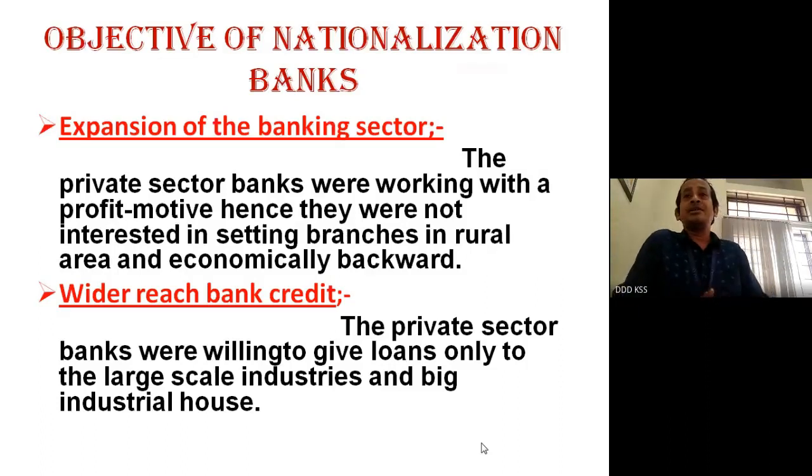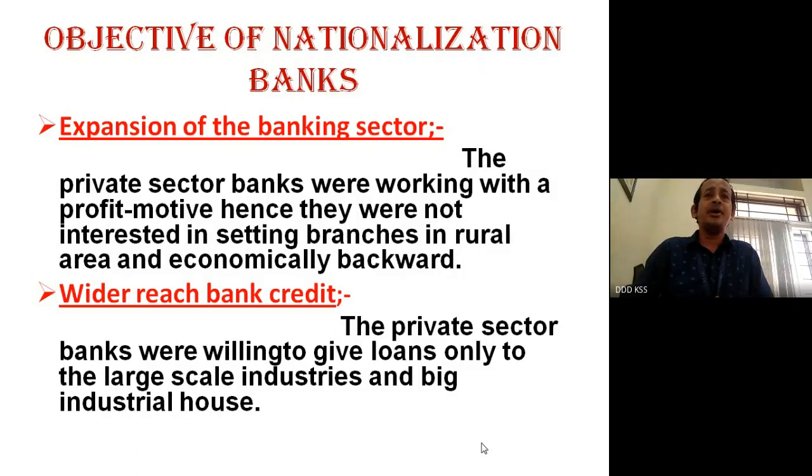This was one of the findings in the earlier period, and based on that, the government decided to expand the banking sector in rural as well as economically backward areas. That's why we see cooperative banks in different states. Then in Tripura, like Tripura Gramin Bank, small banks are giving service in rural areas.